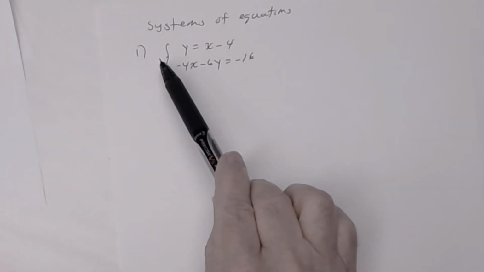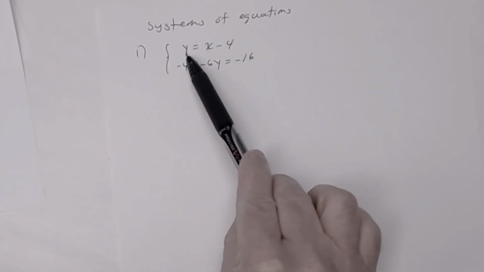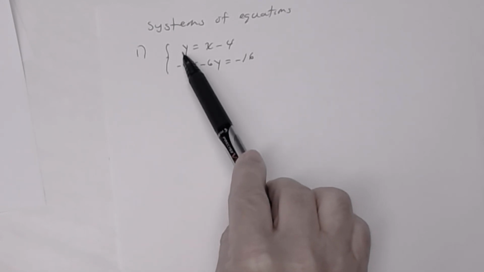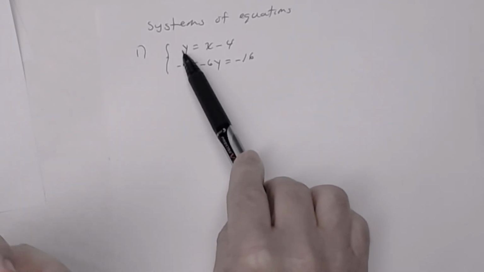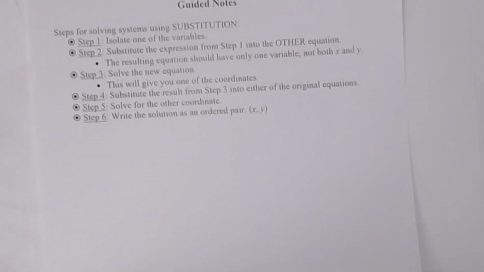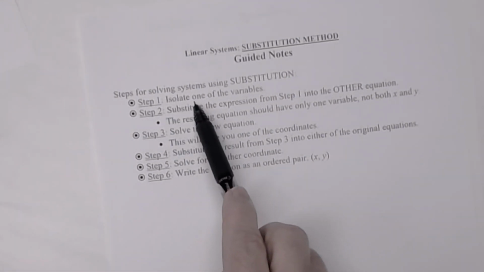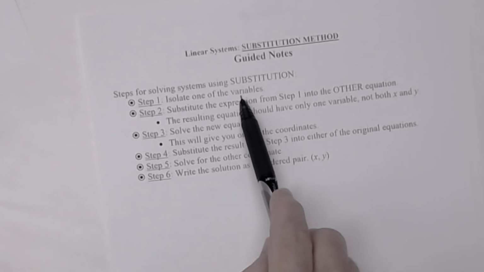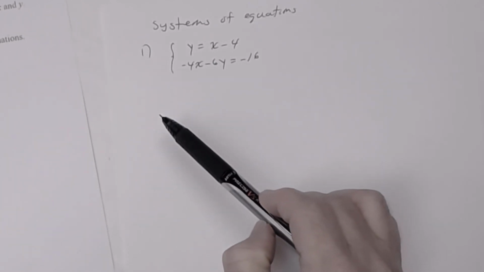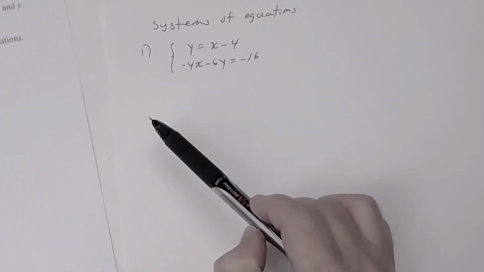So if we look at the problem, it is the first equation that is more helpful. I can solve for y, because y is already by itself. And if I wanted to, I can also solve for x, and that would work as easily. So whenever possible, when doing step number one and you're asked to isolate one of the variables, look for a variable in your system in which the coefficient is already a 1 or a -1.